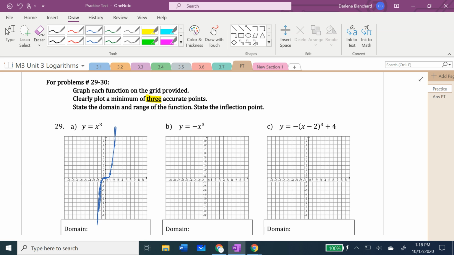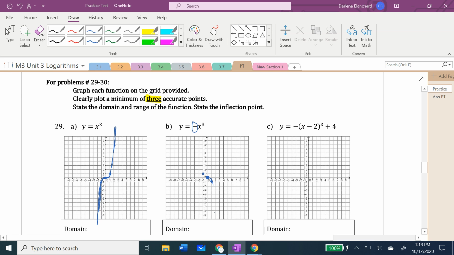And I'll come back to the domain and everything. If I multiply by a negative number, I take all the y values and multiply them by negative, and that will cause it to flip upside down. It'll still go through the origin, but now it's 1, -1, and -1, 1.